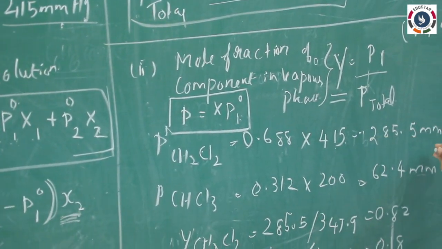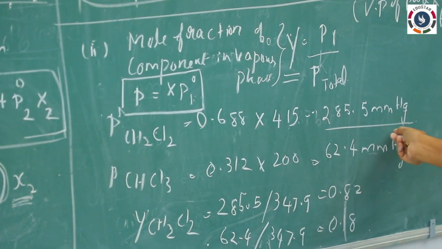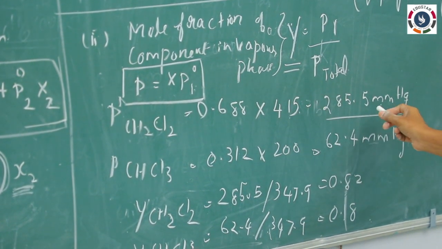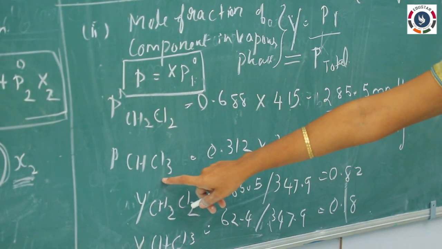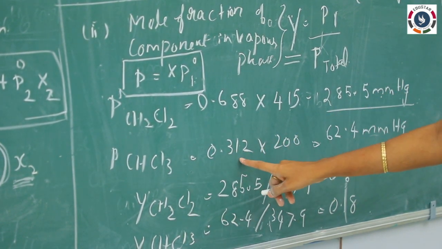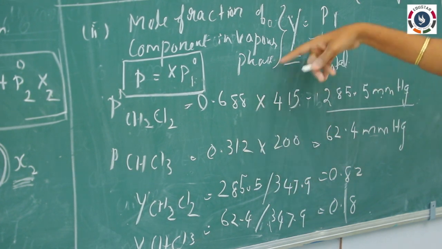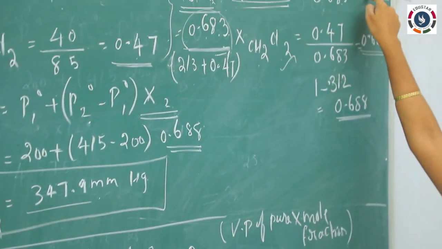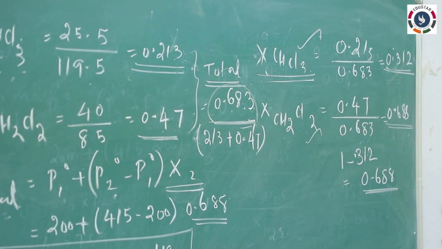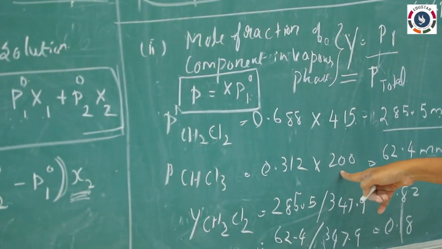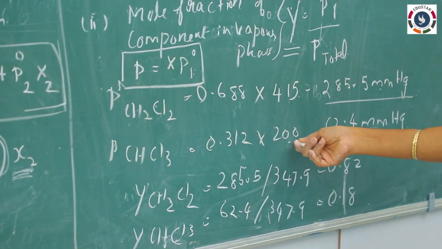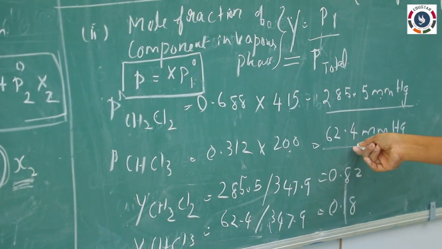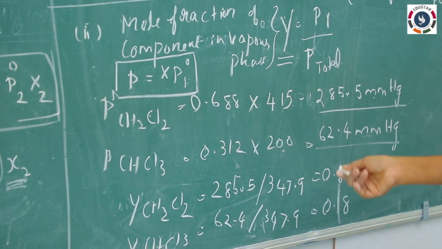So on multiplying this, I am getting 285.5 mmHg. Next I am going to find out for chloroform. What is the mole fraction of chloroform? 0.312. Supplying this 0.312 and the vapor pressure of pure chloroform, they have given in the problem, that is 200. Multiplying these two things, I am getting the vapor pressure of chloroform.